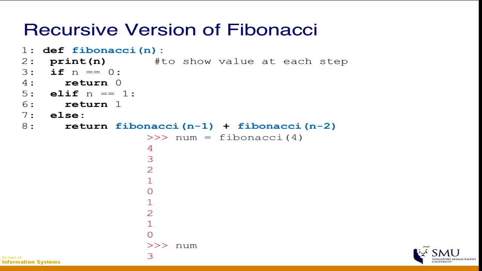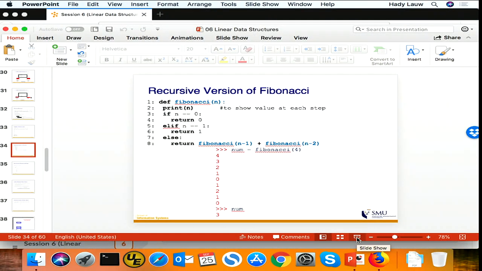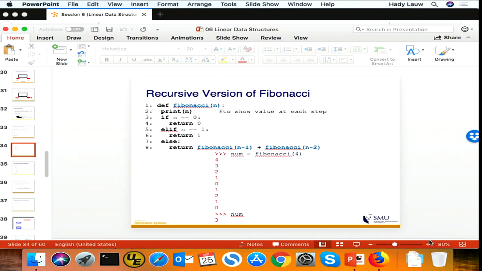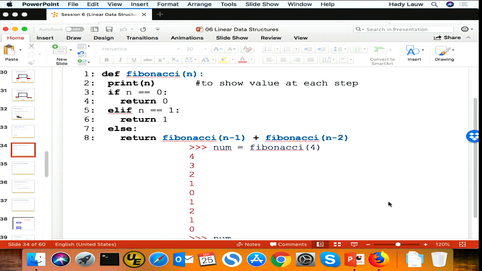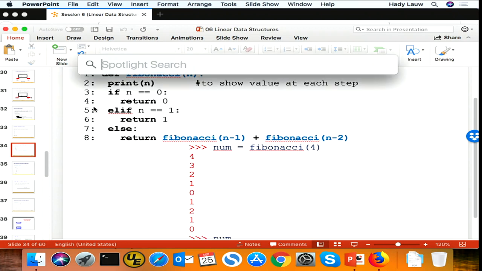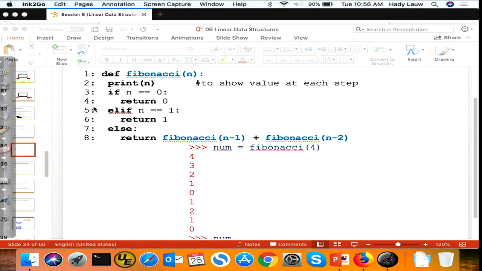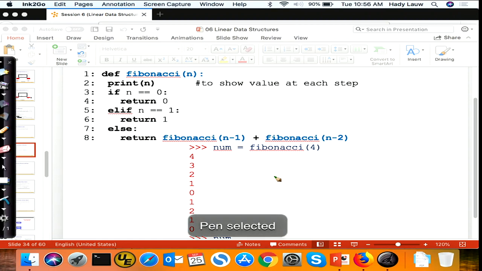So in this case, you have a Fibonacci recursion, and it's going to go through the function calls in a particular sequence. So you have this Fibonacci.